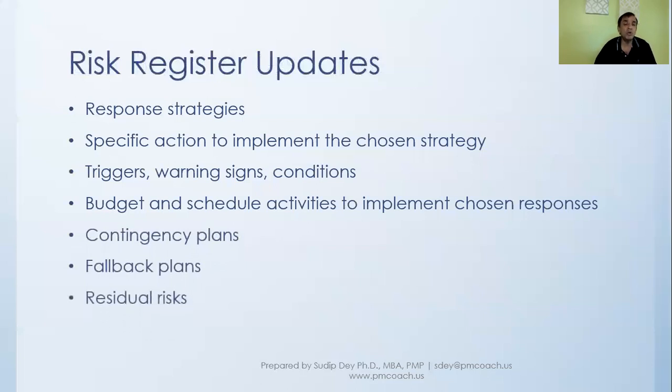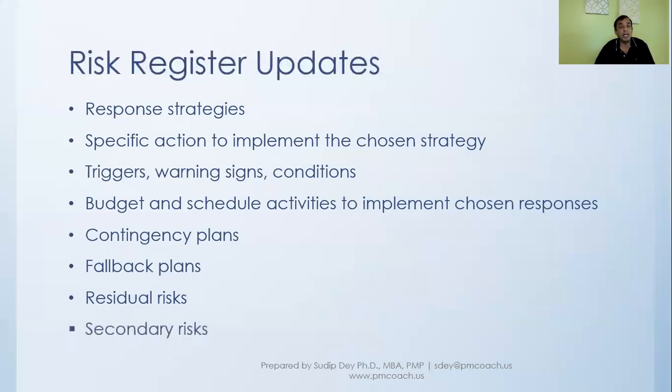And then we'll also talk about residual risk. Residual risk is when we implement a response, but maybe the total risk is not avoided, and even after that there might still be some risk remaining. That is called the residual risk.